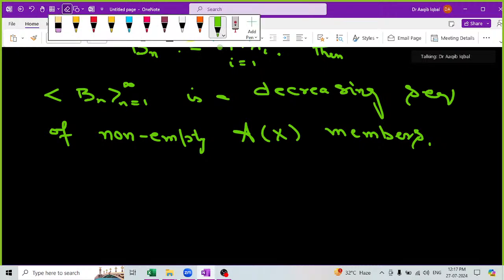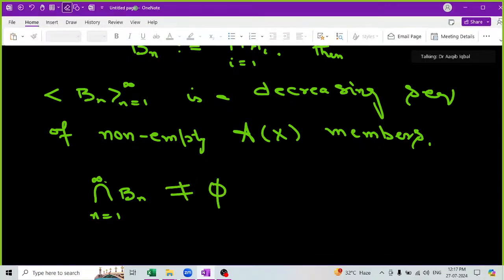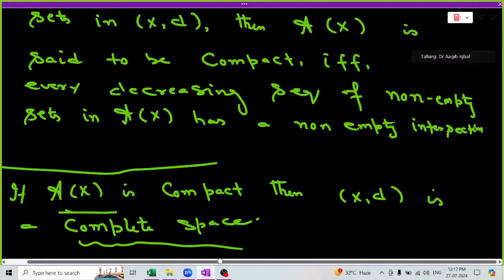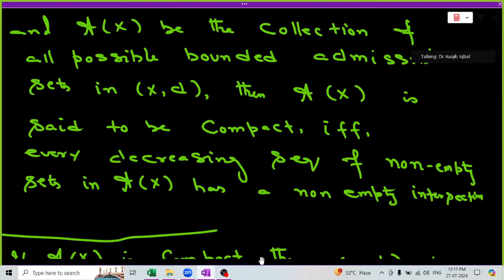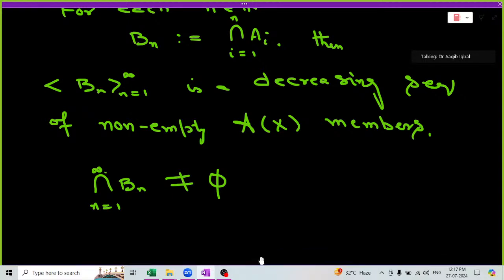From this we can conclude that intersection of Bn's will be not phi. ना अगर आप ये प्रॉपर्टी assume करते हैं, so in particular the intersection of Bn's will be non-empty also, because after all Bn sequence is also a decreasing sequence of non-empty sets in AX. So this will be not phi.